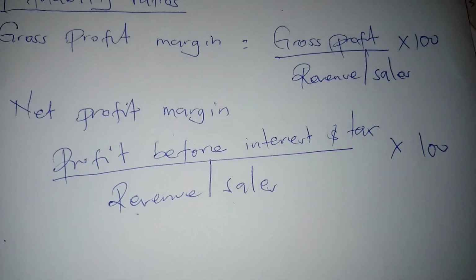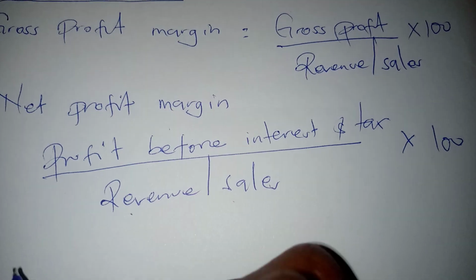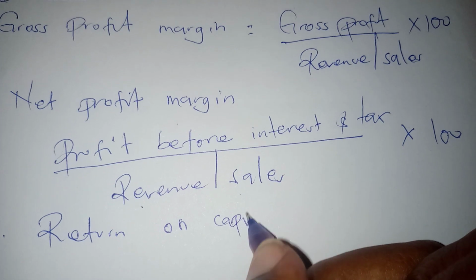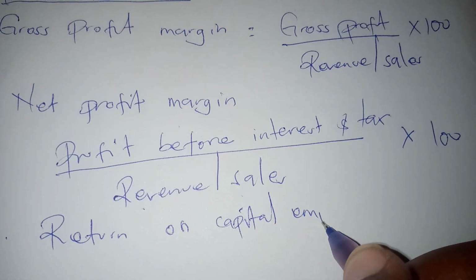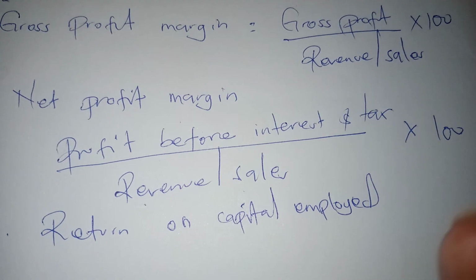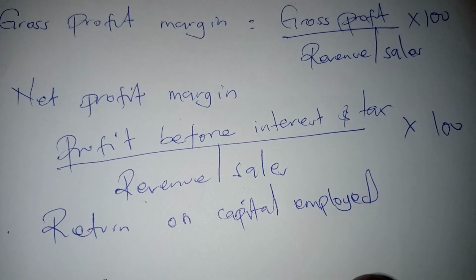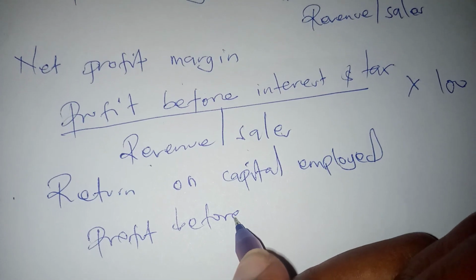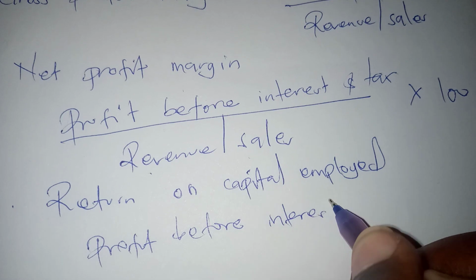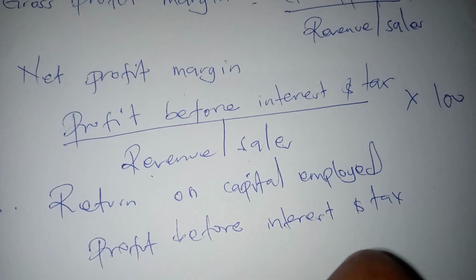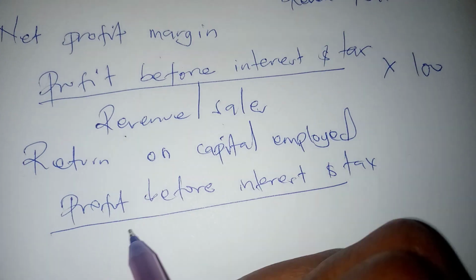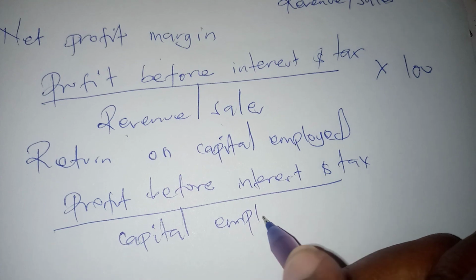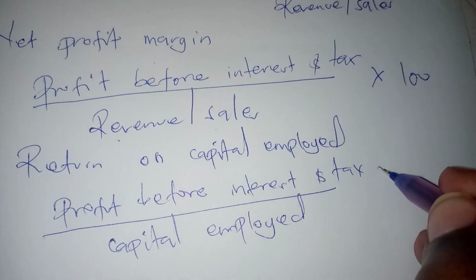Then the third profitability ratio we have is return on capital employed. This is calculated by getting profit before interest and tax divided by capital employed, then multiply by 100.